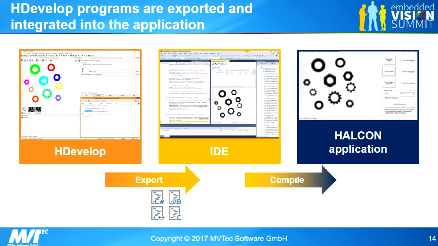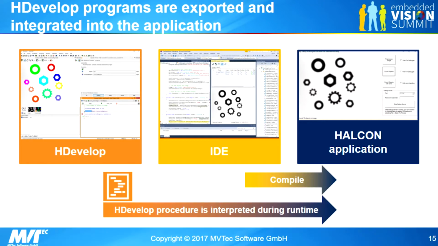How do you get now to your application? Well, you export the code in the development environment to Visual Studio, for example, and then you compile and run the application. You have a runtime environment in order to do this.